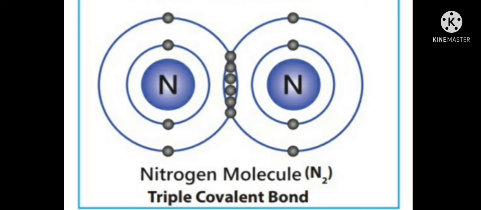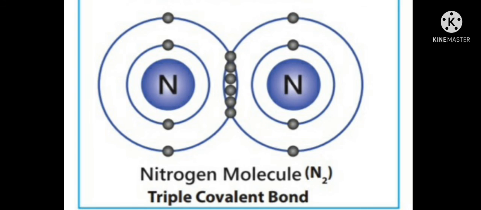Next one, nitrogen molecule. Whenever two nitrogen atoms combine together, it forms a nitrogen molecule. Nitrogen has atomic number 7. The electronic configuration is 2, 5. Each nitrogen atom contains 5 electrons in its valence shell. In order to attain the nearest noble gas configuration, both nitrogen atoms share 3 electron pairs.